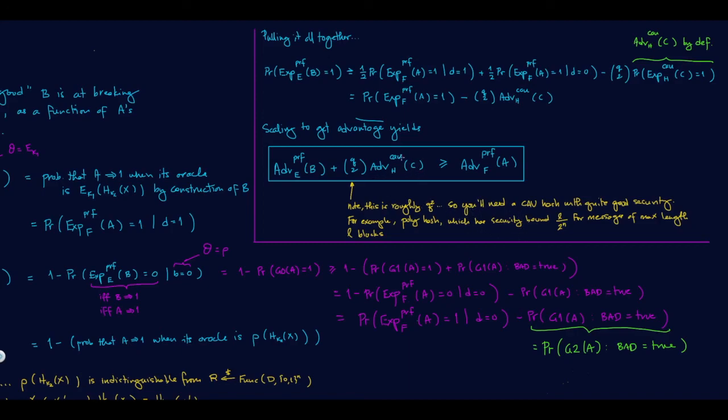So if you stick L over 2 to the n in here, this is roughly Q squared times L over 2 to the n. And that's not bad. That's still pretty small because that's going to be getting big around square root of 2 to the n time, or roughly birthday sort of time. So if n is 128, you're still going to need something like 2 to the 64 queries before you can start to distinguish this thing from a truly random function.